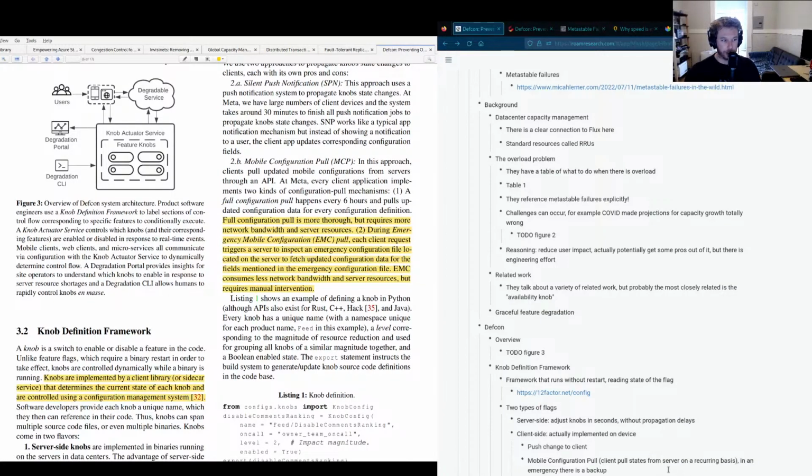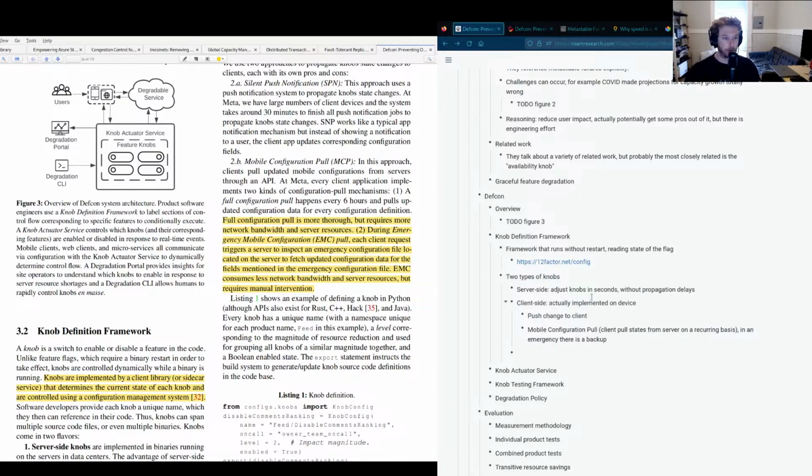Okay, then there are actual definitions of the knobs. Sorry, two types of knobs. But yeah, the cons of client side is maybe you have more fine-grained configuration, but it takes longer. Then there's the actual knob configuration or definition, to do listing one.